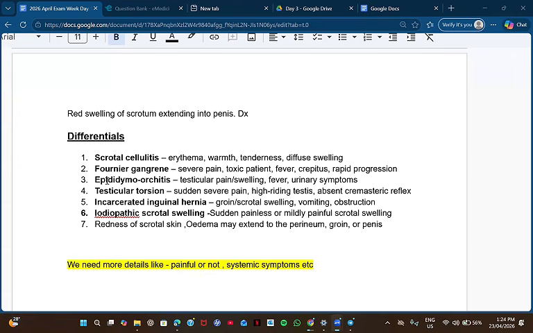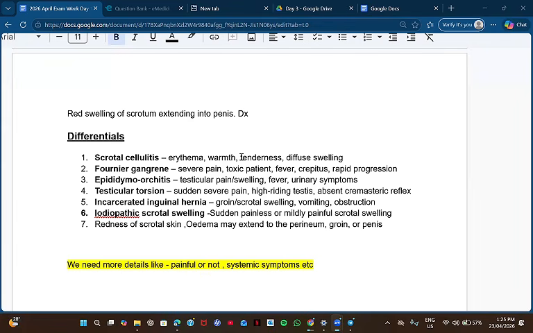It's a very emergency case, right? So many things, but not everything extends into the penis, right? So you have to remember cellulitis, idiopathic scrotal swelling, then hernias, then Fournier gangrene. Those are the possible causes.